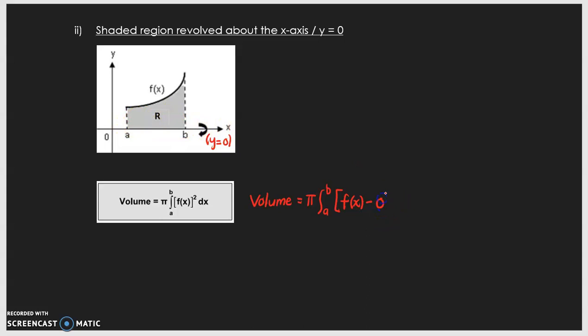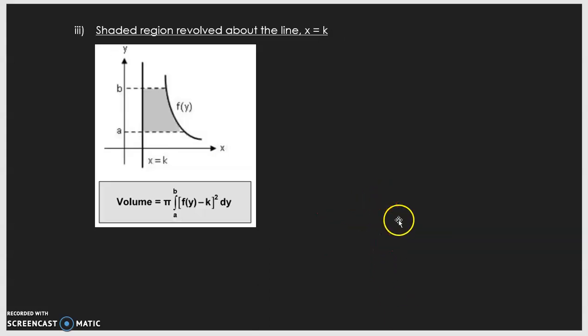So our k is 0. Therefore, we can simplify as pi integrate from a to b, f(x) squared with respect to x, because our k is 0.